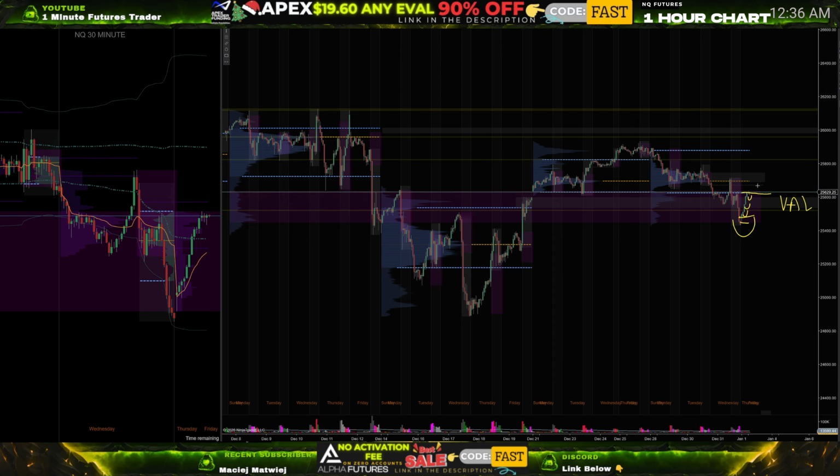So for the overnight session, if the price is going to go inside of this value area that we had before, then we can expect to test the point of control zone, which is in the middle. If the price comes here and rejects again, we may go back here, and may even go back to test here.